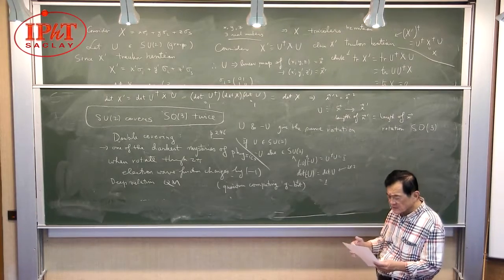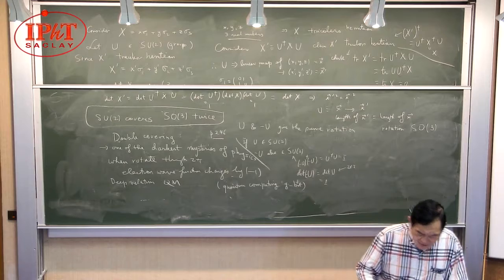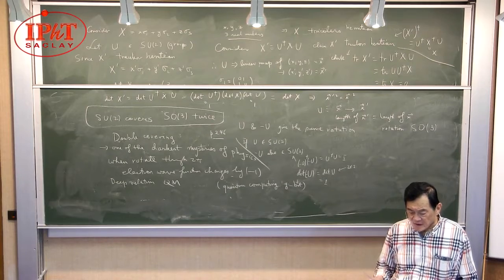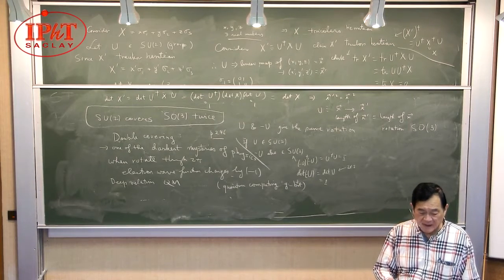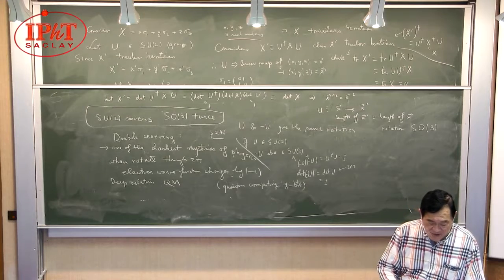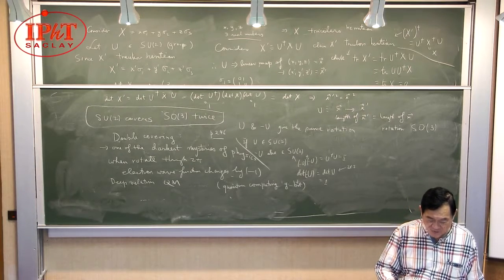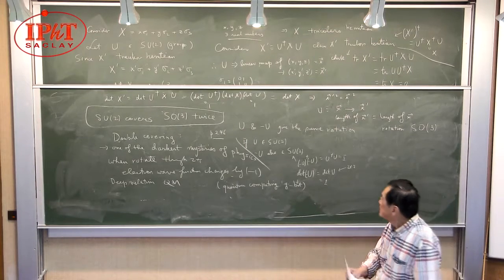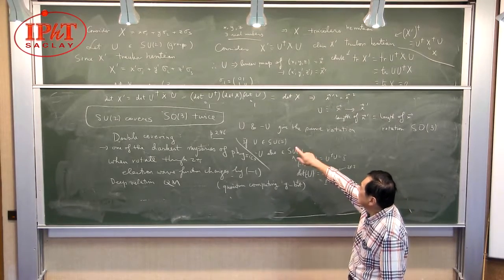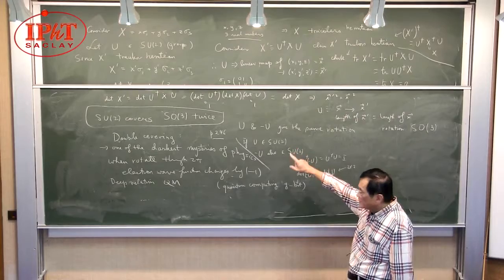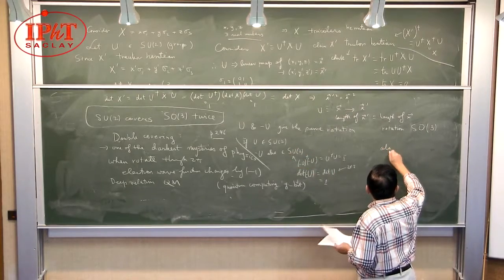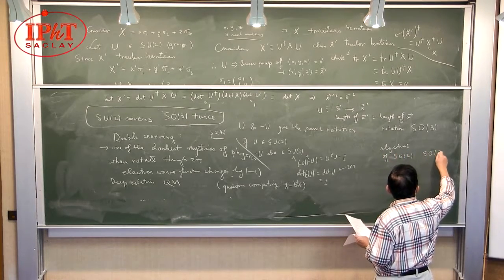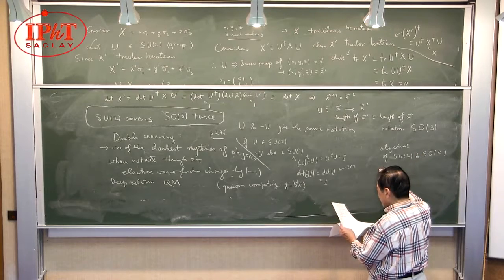So the groups SU2 and SO3 have this very peculiar relationship with each other, which is really bizarre. Before quantum mechanics, nobody would imagine that this property of SU2 and SO3 would be realized in nature. This shows that the two groups are not the same, but the algebras of SU2 and SO3 are isomorphic.